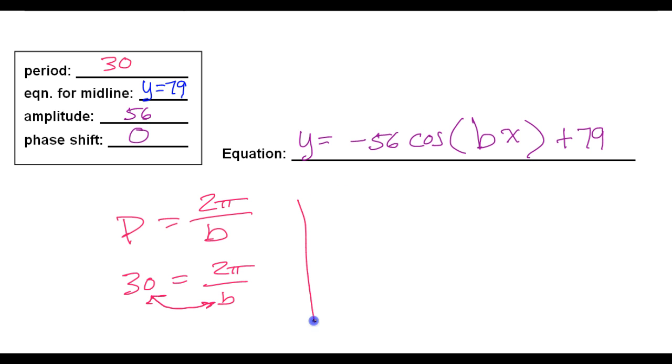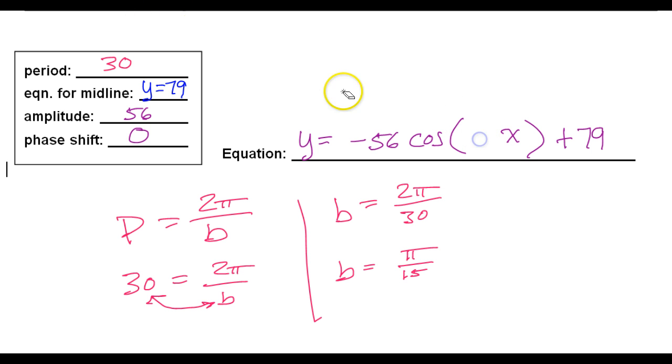So that's going to give us quickly b equals 2 pi over 30. And you simplify. So that's going to reduce to pi over 15. So that's our b value. So I can just erase this and put it in. Pi over 15x. And there it is.